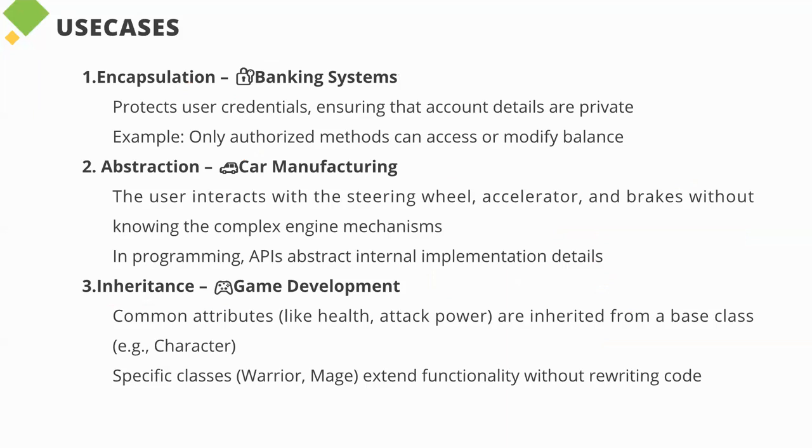For each special character, we define the value of health, attack power, weapons, or if characters, after going on in some game, get a different functionality of becoming a warrior or a mage, those functionalities will be added without rewriting the code. We just extend by inheriting. If a character's attack power or killing power is greater than 1000, just inherit the class with the warrior class. Like this you can go with the code.